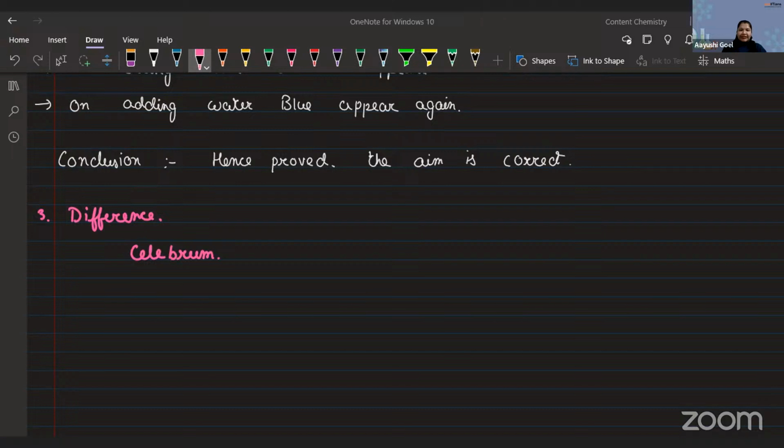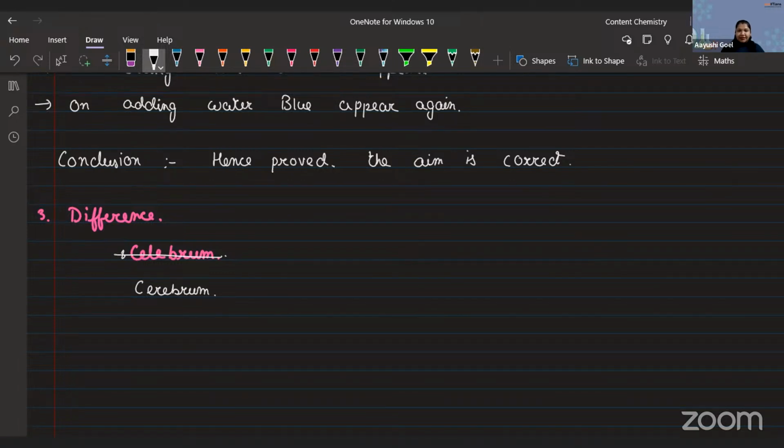So we have cerebrum. Okay, I have written the spelling incorrectly. Don't do it incorrect. Just take a line and cut it like this. Like this.